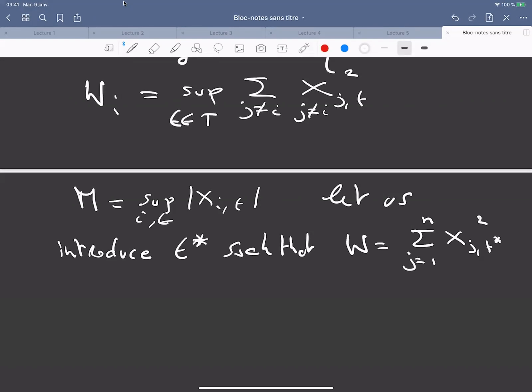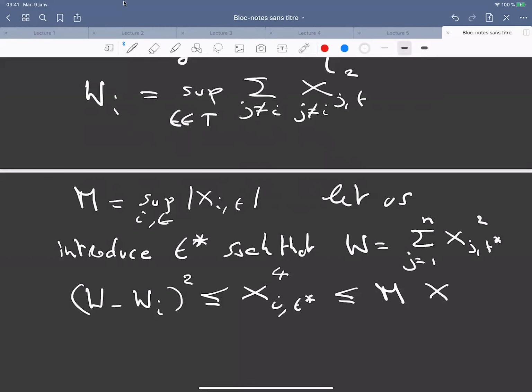So it's a point where the sup of the sum of the x_jt squared is achieved. If we do that, then the difference between W and W_i squared is less than x_it star. Take care, it's square to the square, so it's to the power 4. And it's less than M multiplied by x_it squared.